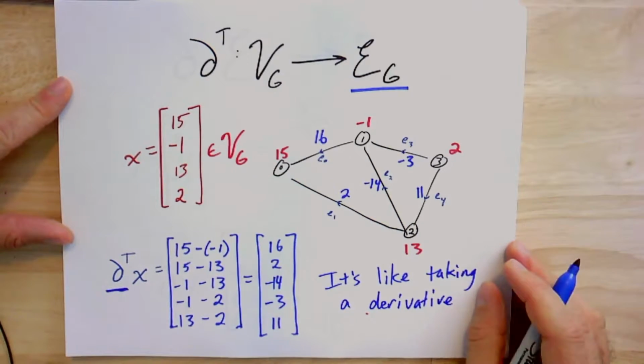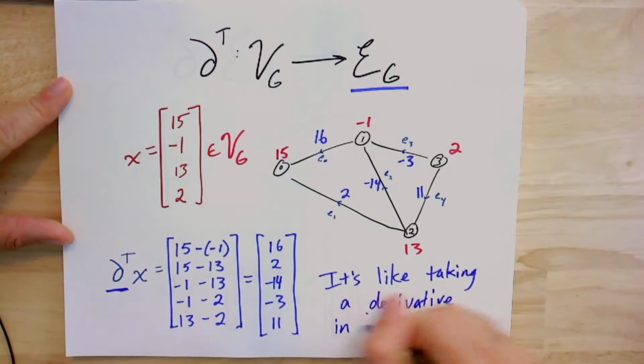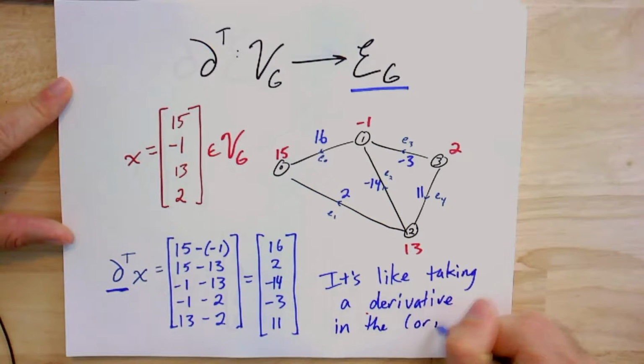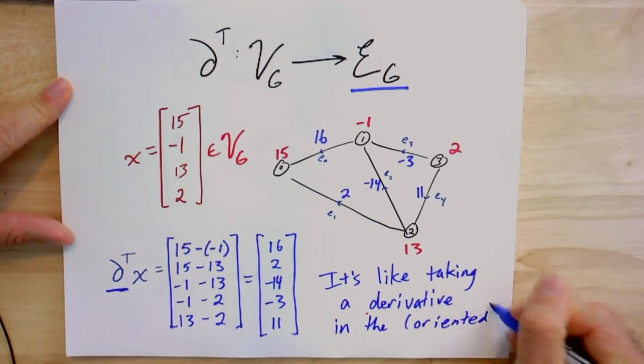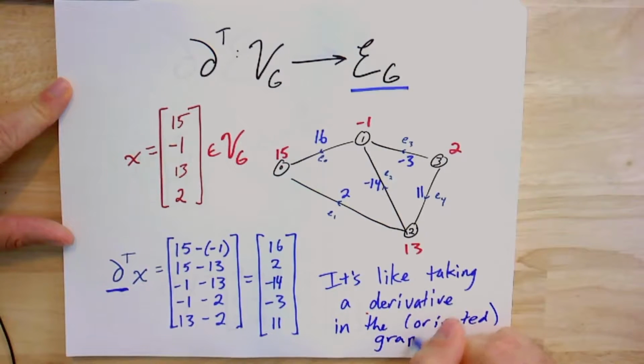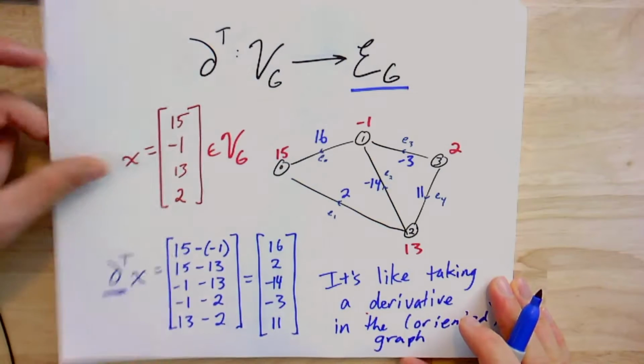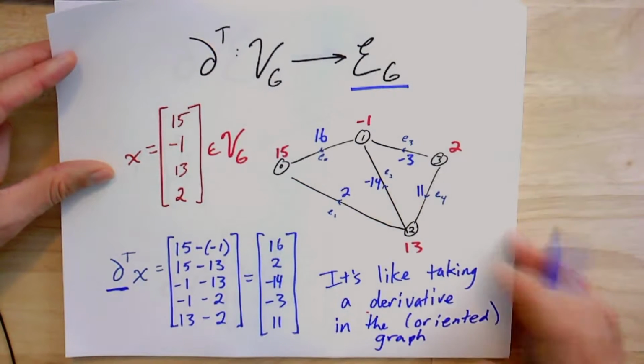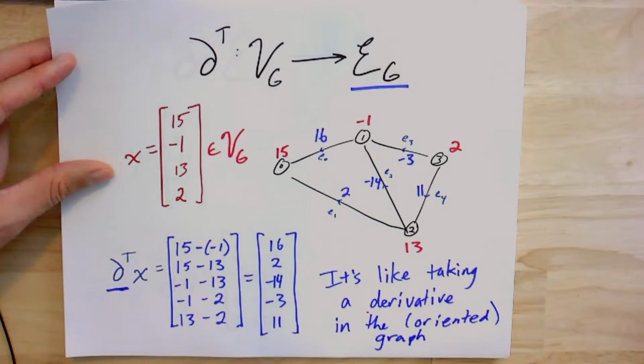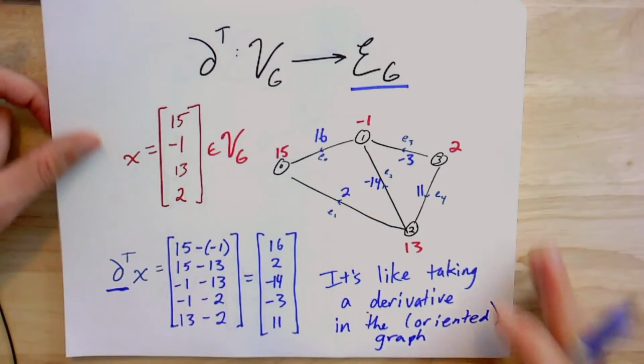It really is this kind of discrete derivative in the, and I'm going to put this in parentheses here, the oriented graph. And if you change the orientation, you would change the signs of the derivative. So you would get different values here, but only up to the sign.